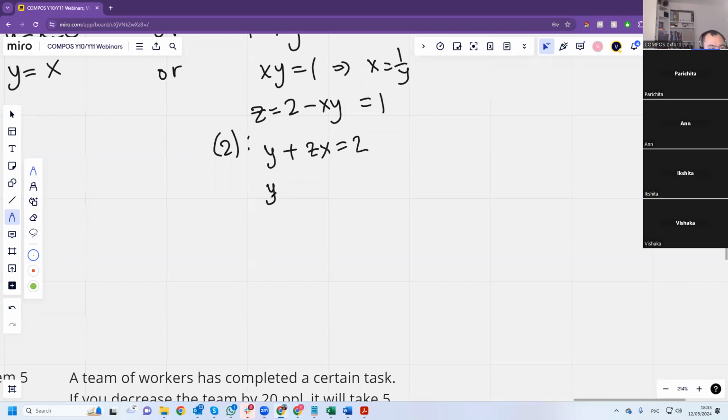And we have y plus z, which is 1, multiplied by 1 over y, is equal to 2.